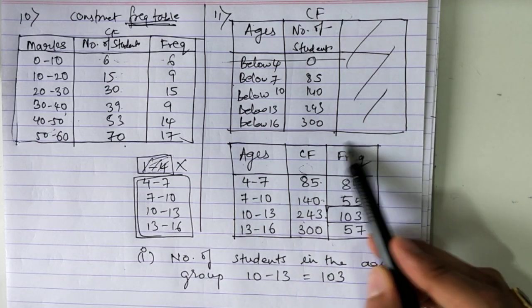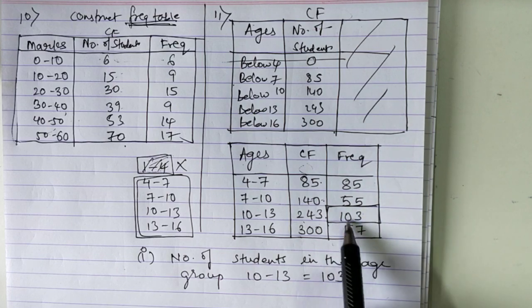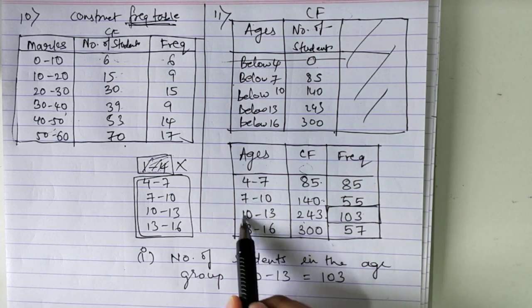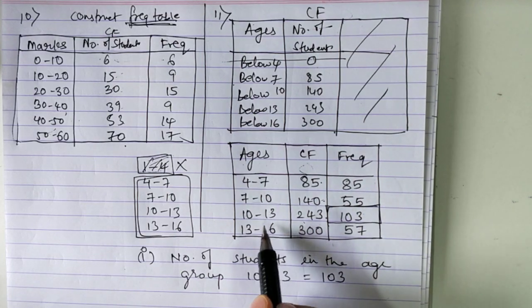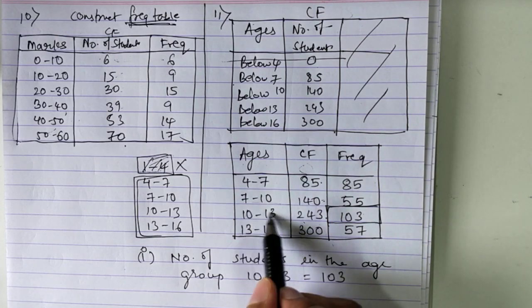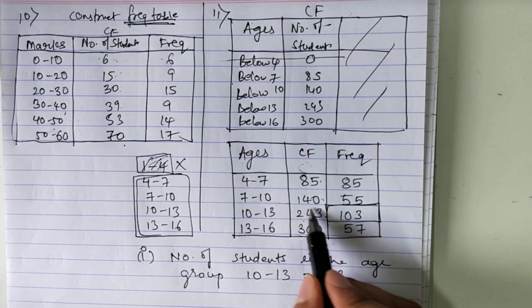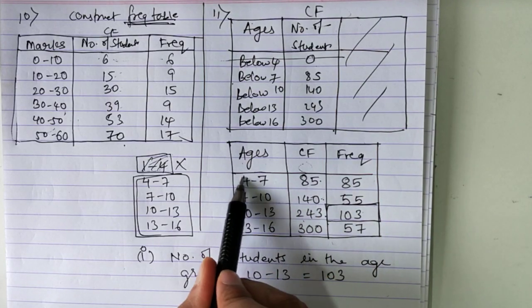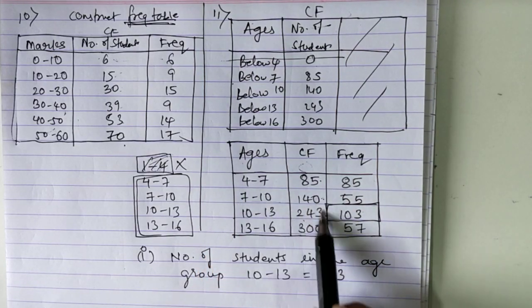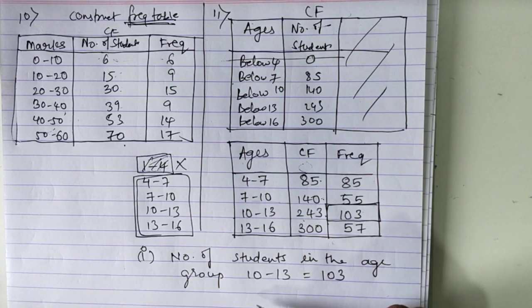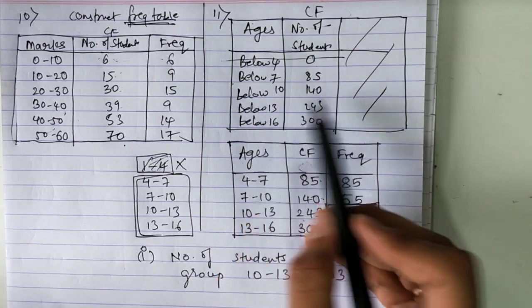But the frequency indicates that this 103 is only 10 to 13. How many students have age between 10 to 13? 103. But this 243 indicates the students in the age group 4 to 13, because cumulative frequency adds all the previous values.